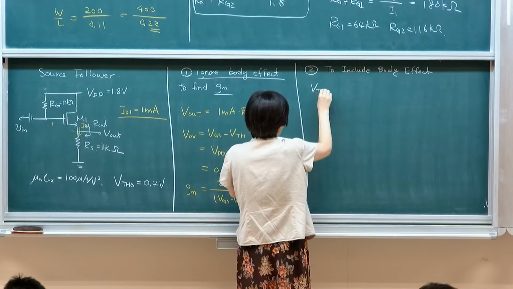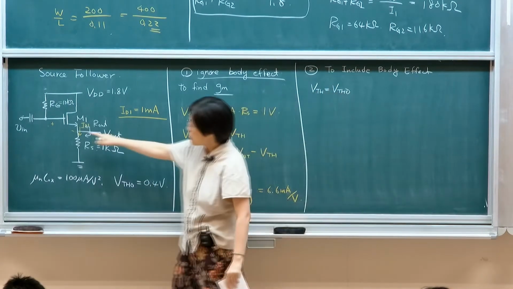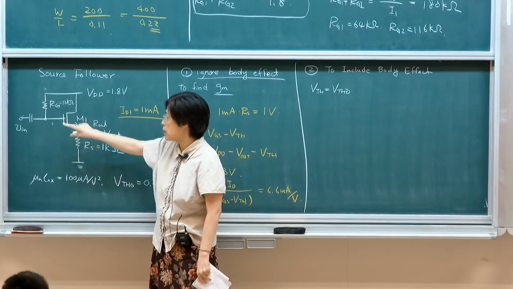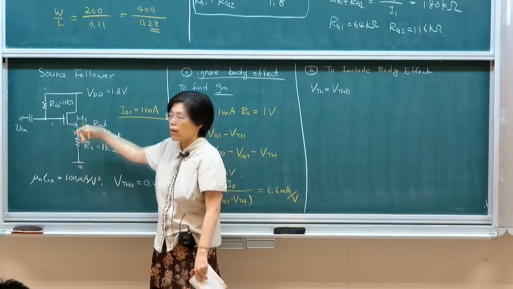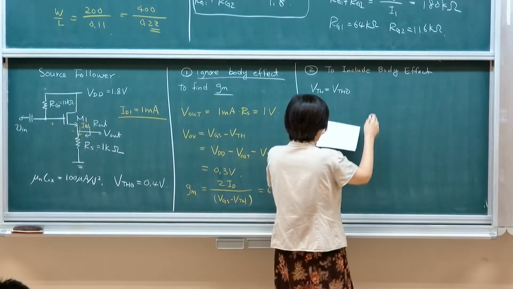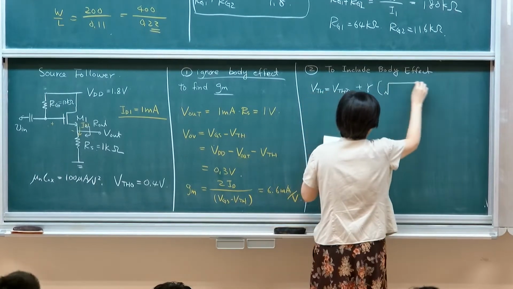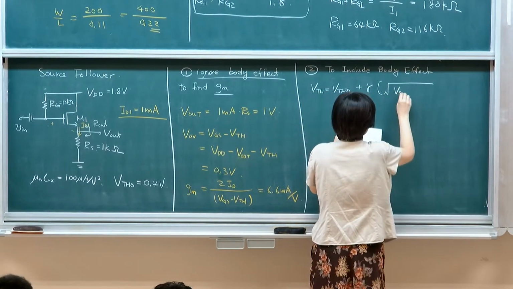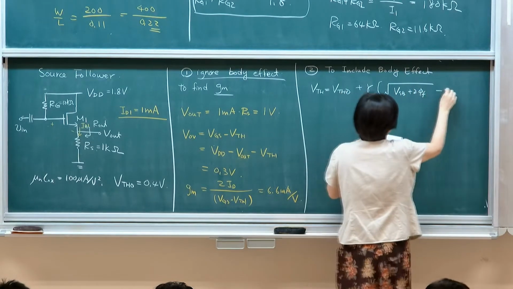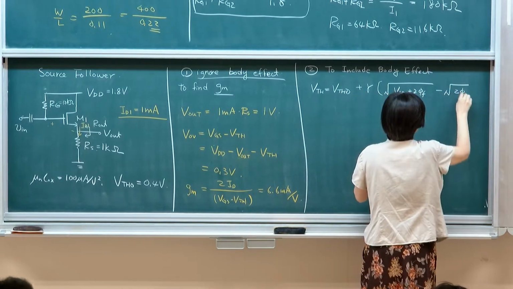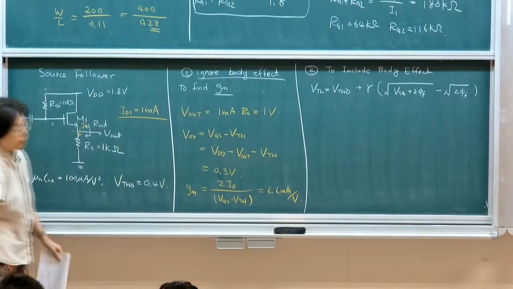The actual threshold will increase because VSB is no longer 0. You have a raise of threshold. So gamma, let me review the equation. So sqrt(VSB plus 2 phi f) minus sqrt(2 phi f). So that's my body effect equation.